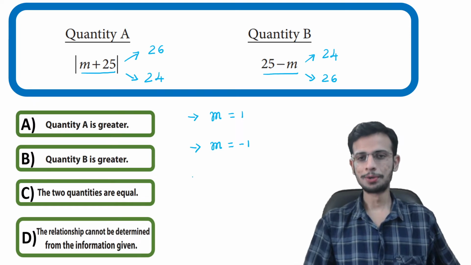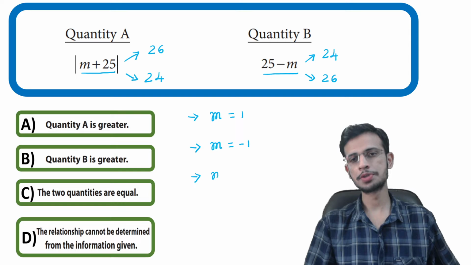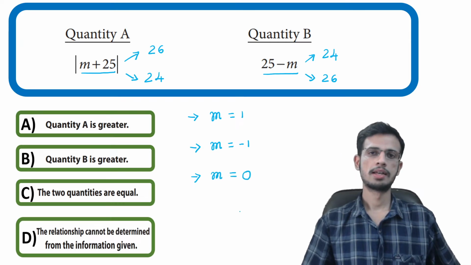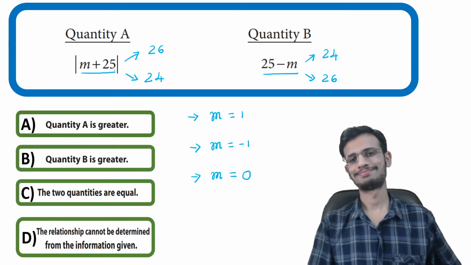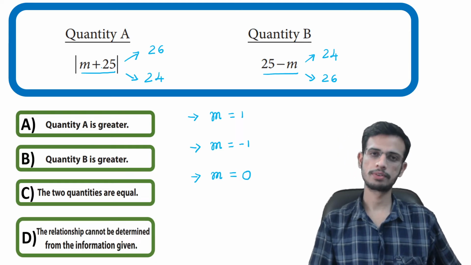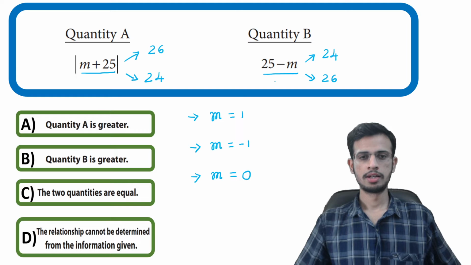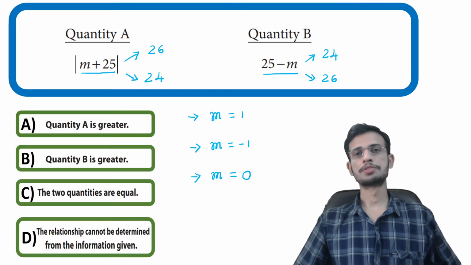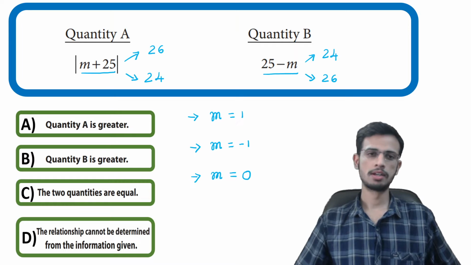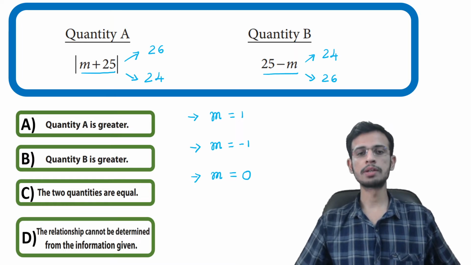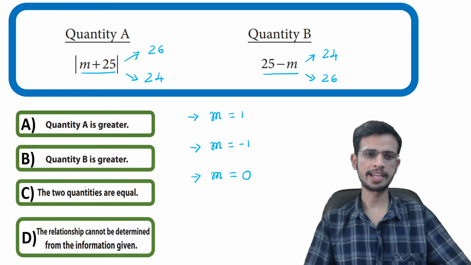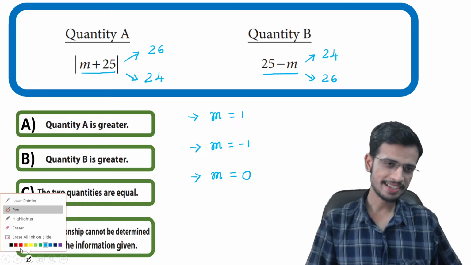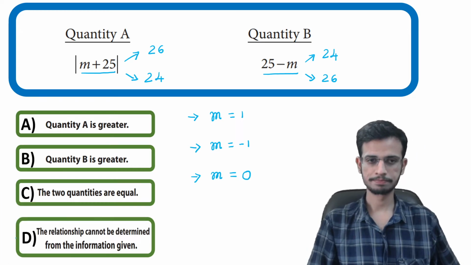For m equal to 0, both will be the same: 25 and 25. So we can't conclude for options A, B or C. The relationship cannot be determined from the information given. We will choose option D.